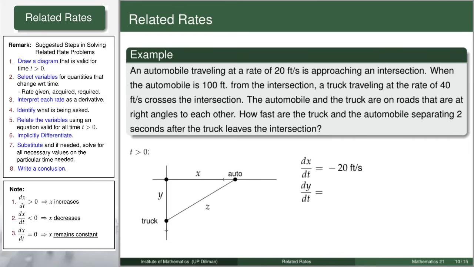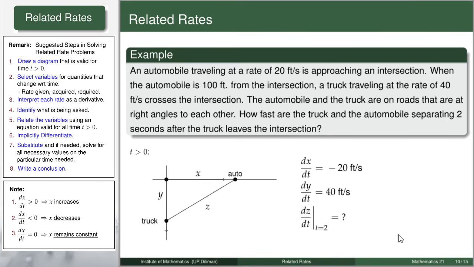For dy over dt, the numerical value will be 40 feet per second. But since the truck is going away from the intersection, the y will be increasing, and that will be a positive 40 feet per second. And what we want here is the rate that they're distancing at the time when t is equal to 2.